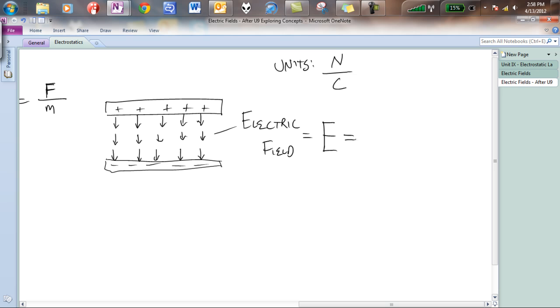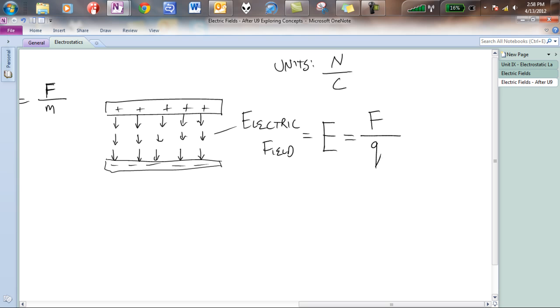And so the equation that comes out of this is going to be F, the electrostatic force, but instead of dividing it by mass, we are dividing it by Q, the amount of charge.